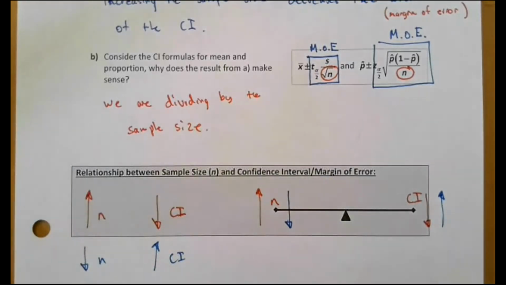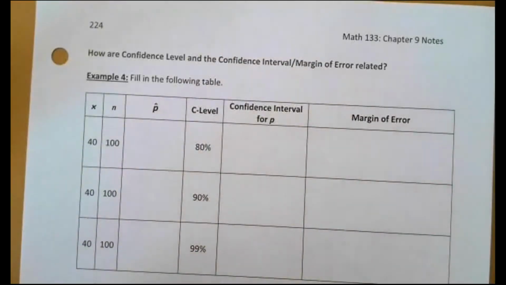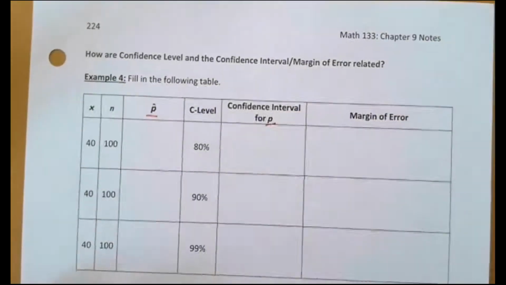We have one more relationship to find, and then we're done with chapter 9. Okay, same thing as we did here. Notice we're now using P's. So we're using proportions.